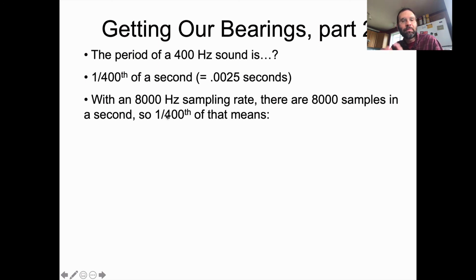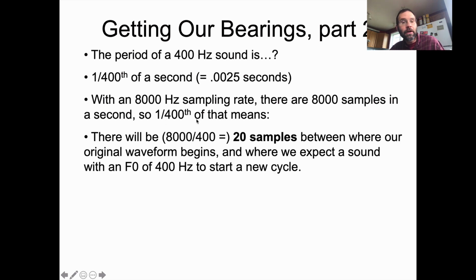I want to look at a period of 0.0025 seconds. In terms of samples, that means we're dividing 8,000 samples by 400. And so that period would be 20 samples long. So there'd be 20 samples between where our original waveform begins and where we expect a sound with an F0 of 400 hertz to start a new cycle.